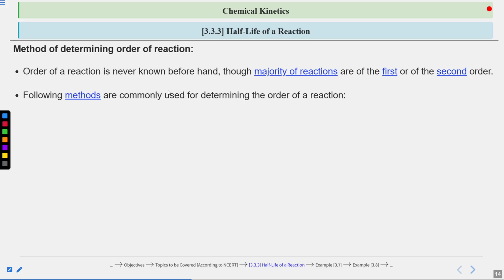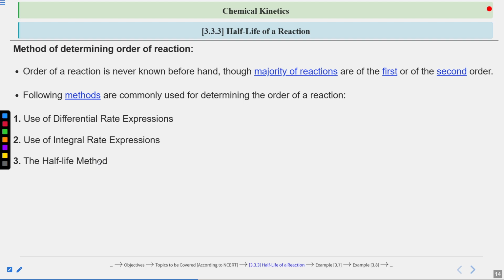So the following are the common methods used for determining the order of a reaction. Firstly, use of the differential rate expression. First of all, you should know how to determine the differential rate expression from the rate law of a particular reaction. Secondly, use of the integral rate expression. Then you have to know about the conversion of the differential rate expression to the integral rate expression via integration. Thirdly, the half-life method.